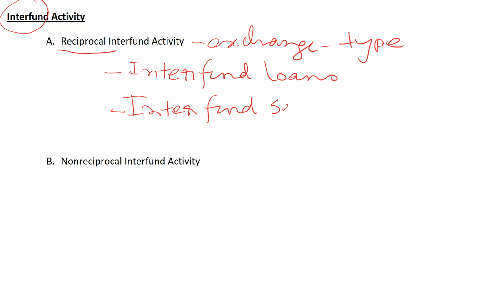Another example is inter-fund service provided and used. Inter-fund loans means one fund is taking a loan from the other fund, and in exchange, the fund receiving the loan needs to repay it.